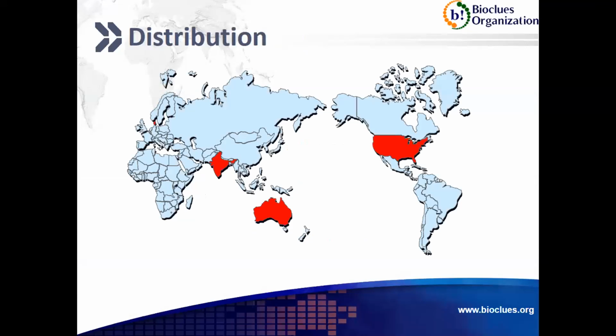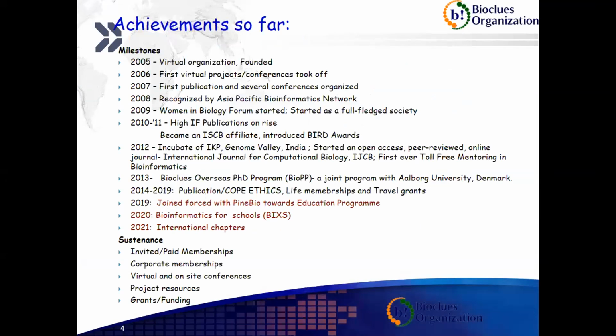Bioclus is spread across more than 40 to 50 countries where we are currently working, including India, Australia, the US, and other places across the globe.